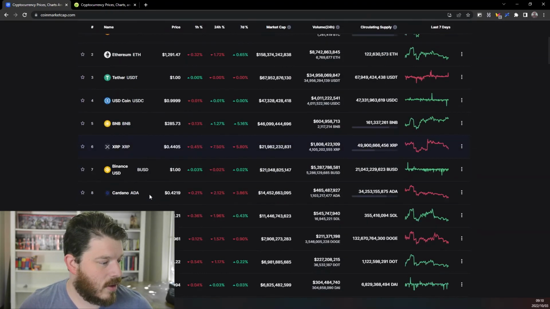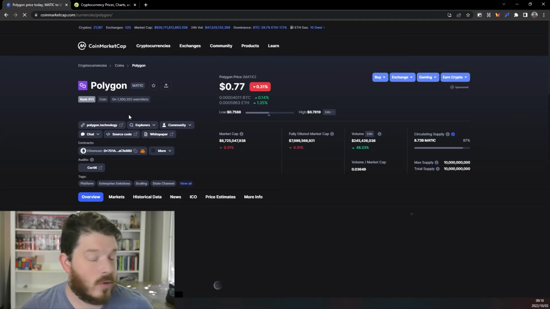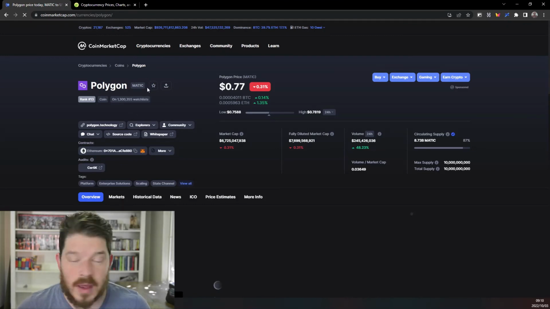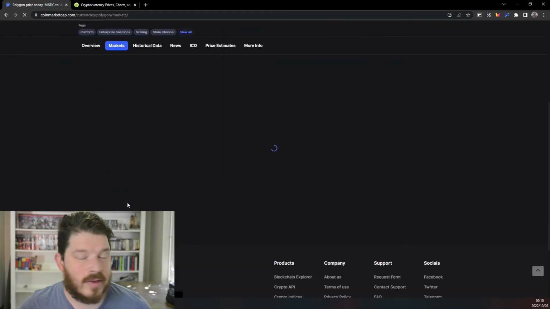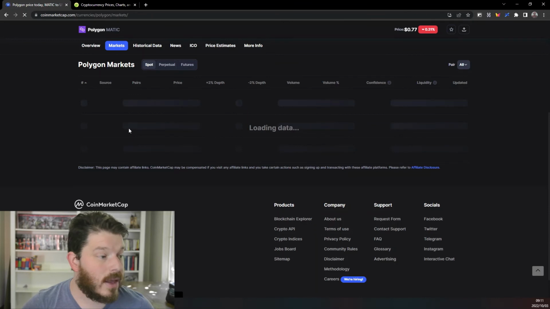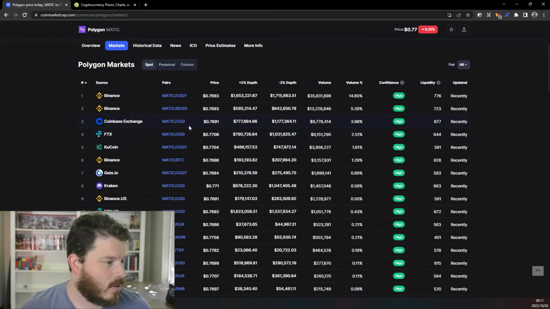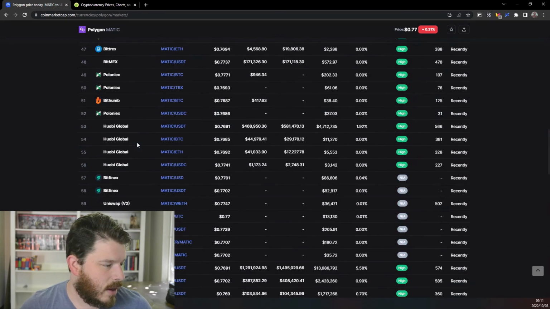So sticking on the Ethereum network, if we go to a layer 2 on the Ethereum network called Polygon, also called Matic because that's its ticker name, and we go to the market tab, you can see that you'll be able to buy Matic the traditional way using a stable coin or any other trading pair that you might have out there. Most times it's very common to have a USDT or a stable coin of some type to buy it. But if we keep scrolling down here, we'll get there eventually.